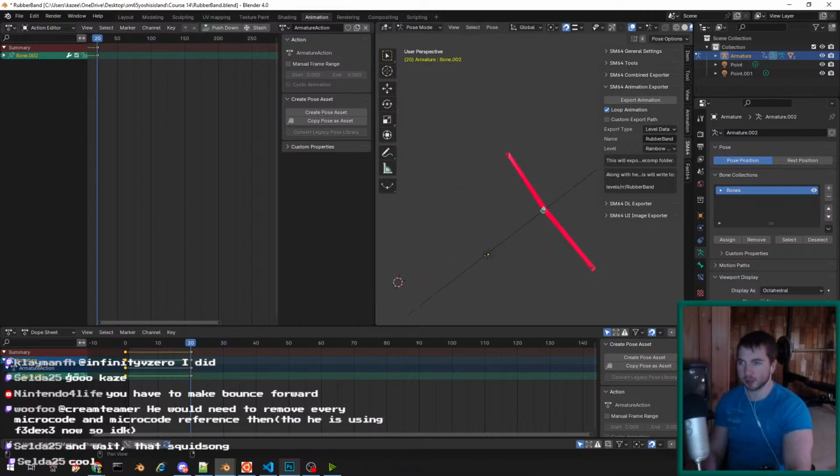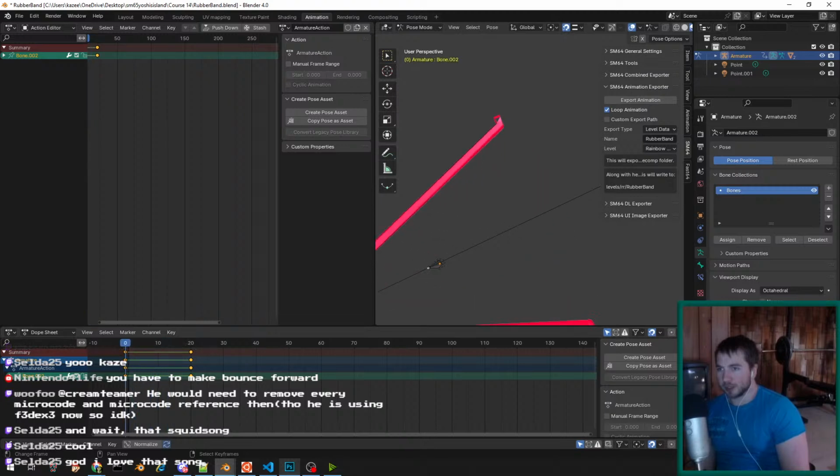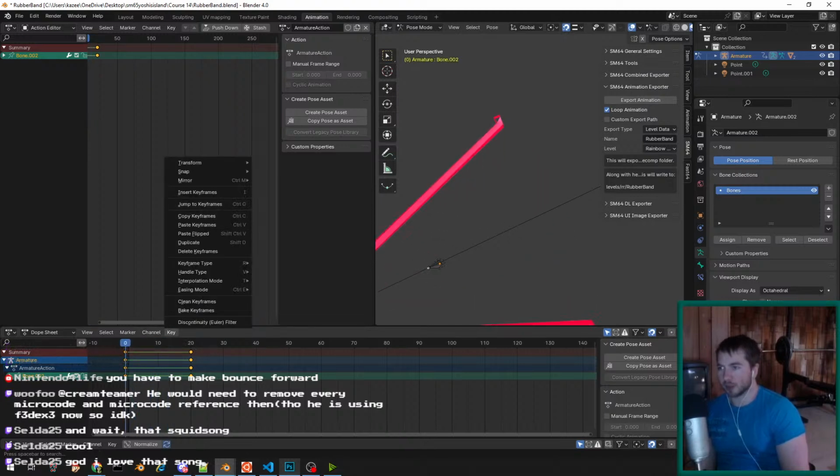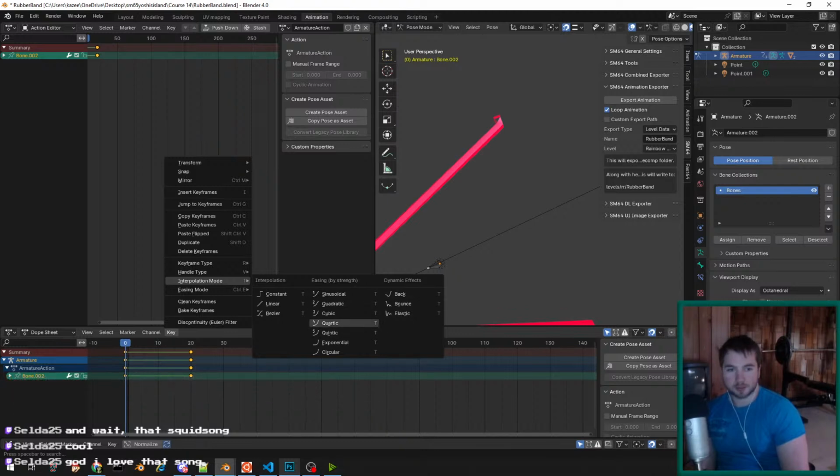Do you actually know this, or are you just saying words? Sometimes someone just says words, so I don't want to accuse you of that. What do you mean by bounce forward? There's no bounce forward button here. I don't know, Cream Teamer.